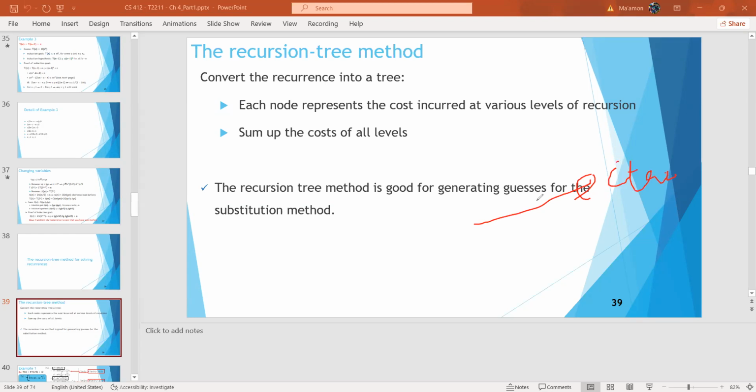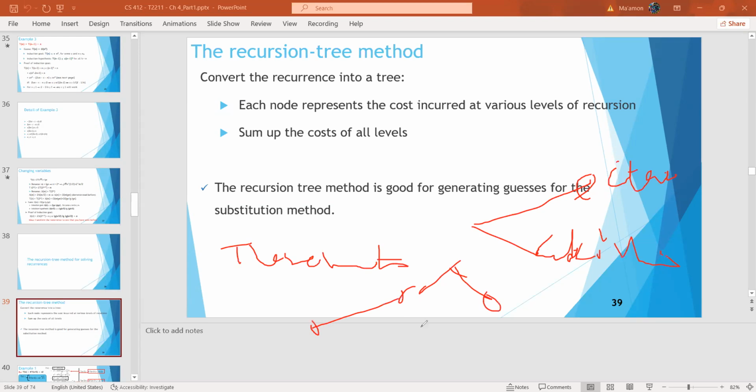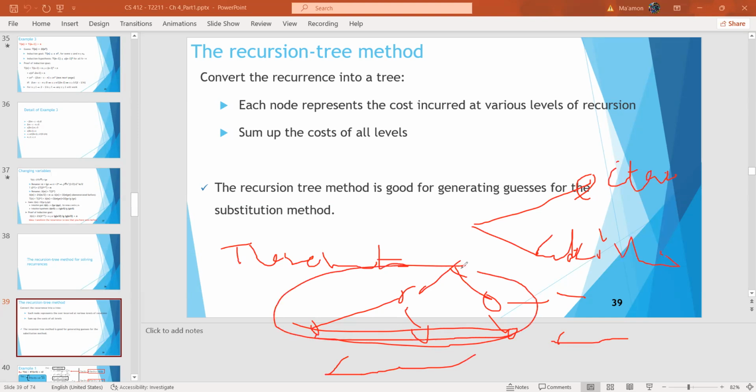Then, as we have mentioned, we have substitution. Now we have another two methods. We have the recursion tree method. By this we mean we are going to simplify the recursion to a tree and find the sum of the cost for each level. Then find the summation for all levels together.